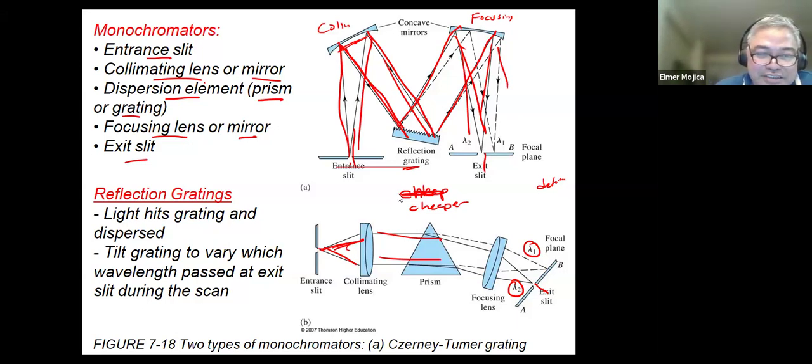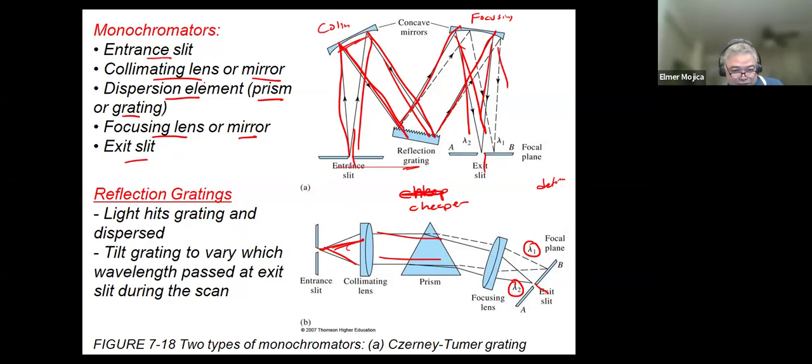Now, how about in terms of range of wavelength? Which do you think wins in terms of wavelength range? Usually the cheaper one gets a wider range.